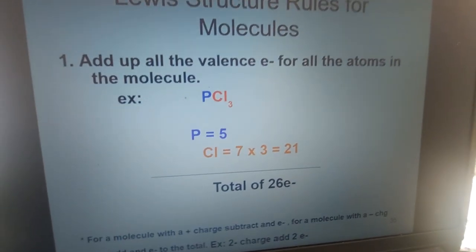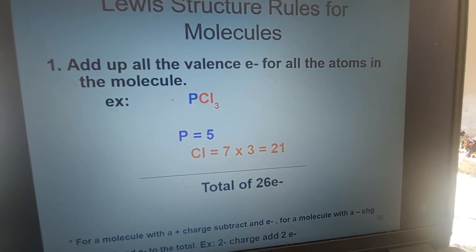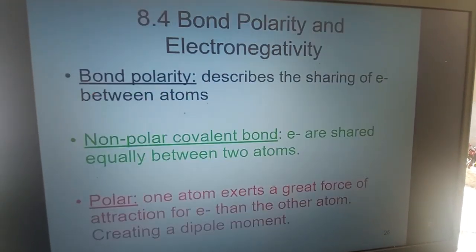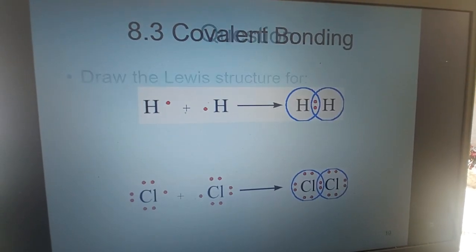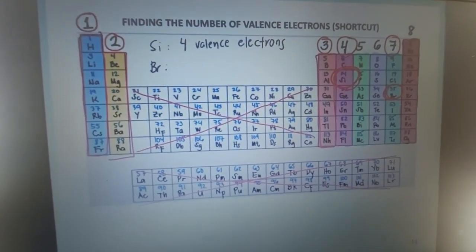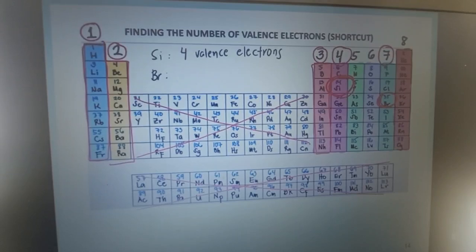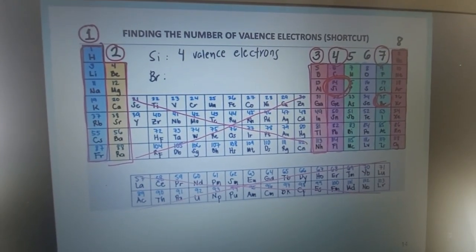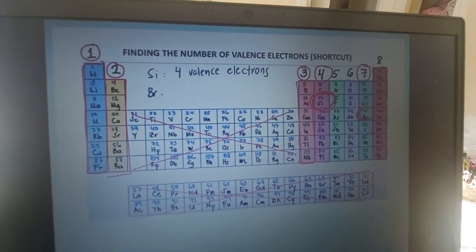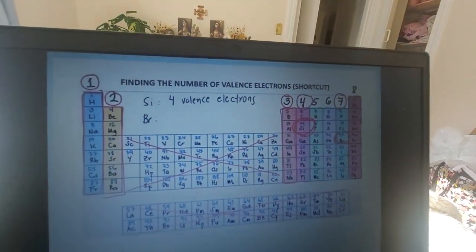Now, how might you remember how to find out how many valence electrons something has? You have a sheet that should look like this. At this time, maybe pause the video and get this sheet out, or your periodic table sheet, because some of you had written this information on your periodic table.